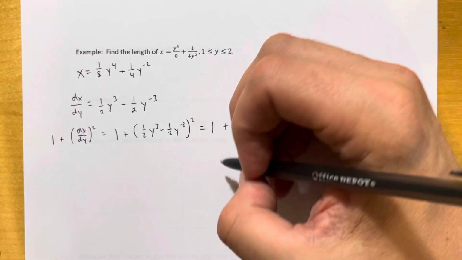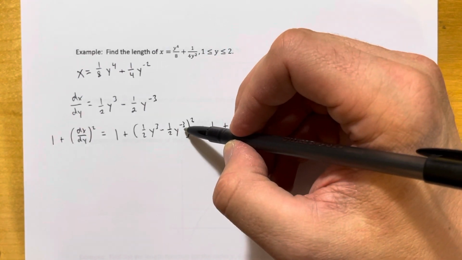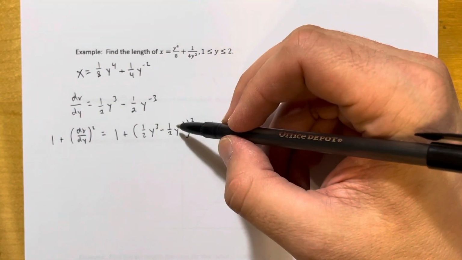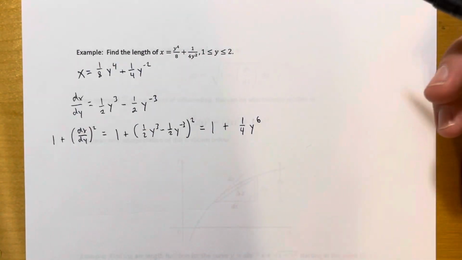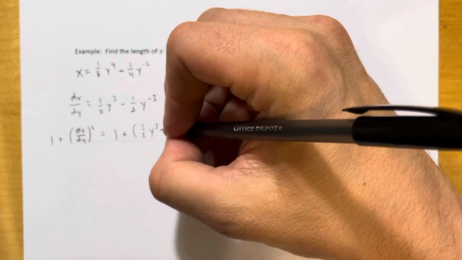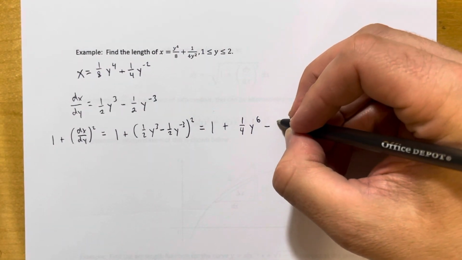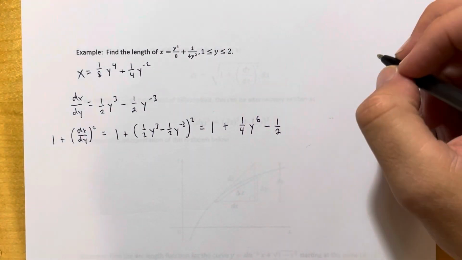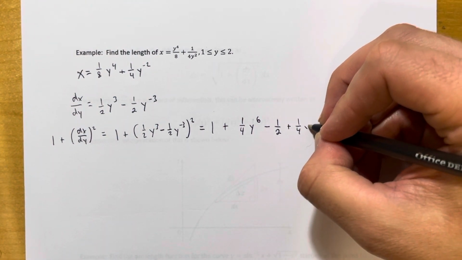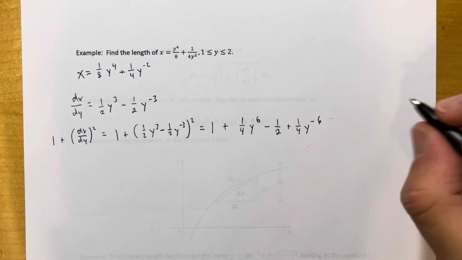When I multiply these two things together, y cubed times y to the negative 3rd power, those are reciprocals of each other. So I just get a 1, but then I have a 1/2 times a 1/2 there. So that's going to be 1/4, or technically negative 1/4 because of the minus there. But then I'll get another one of those terms and just end up with a negative 1/2. Finally, plus 1/4 y to the negative 6th power.